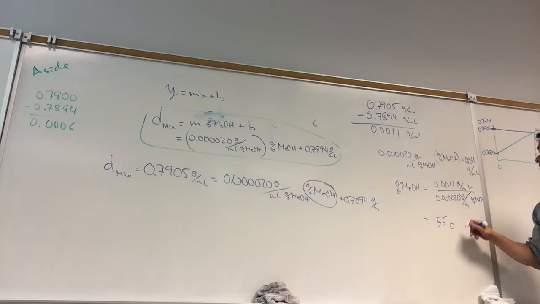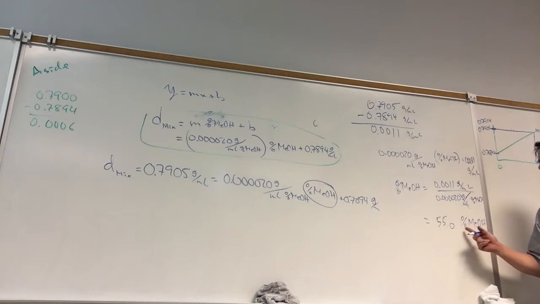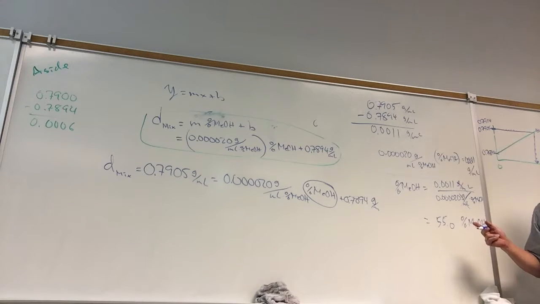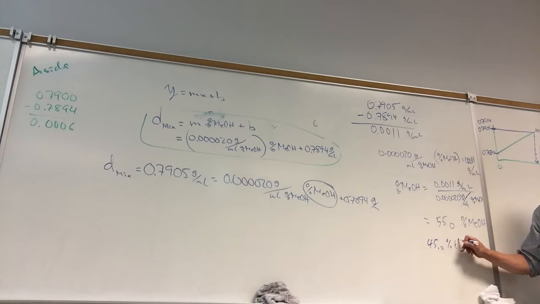So 55.0% methanol. It's a two-component mixture. And so here we use another equation. If it's 55% methanol, what is the percent ethanol? It's got to be 45% ethanol. There's only two things in this mixture, and they have to add up to 100%.